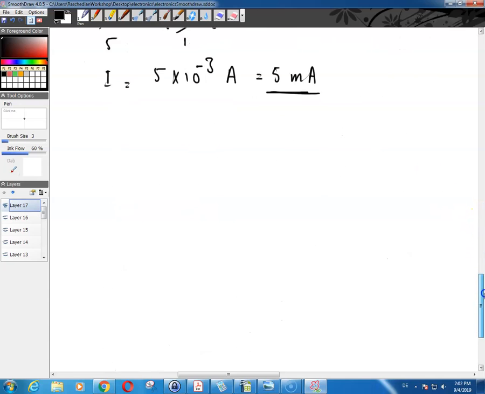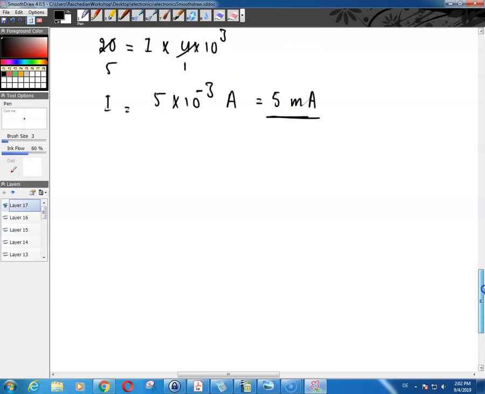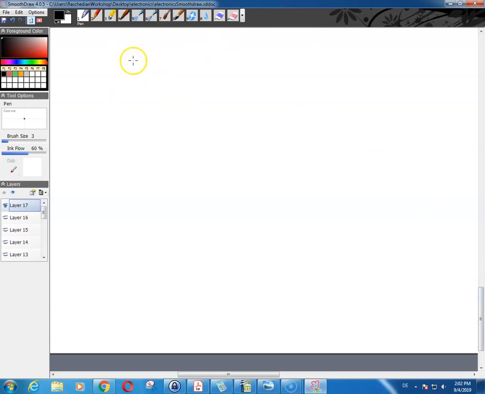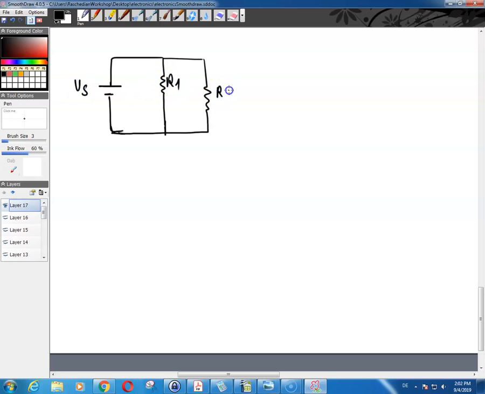Now imagine that you have the exact same circuit, the power supply coming to two parallel resistors. So your V of S, you have R1, you have R2, you have I over here, this is I1, this is I2, and that's basically your whole circuit.